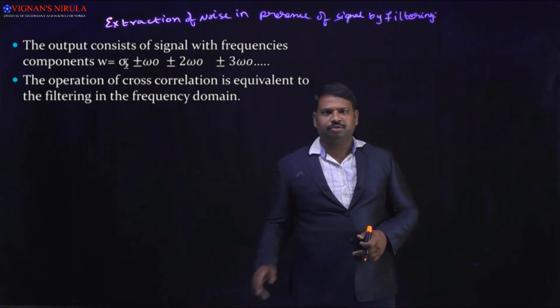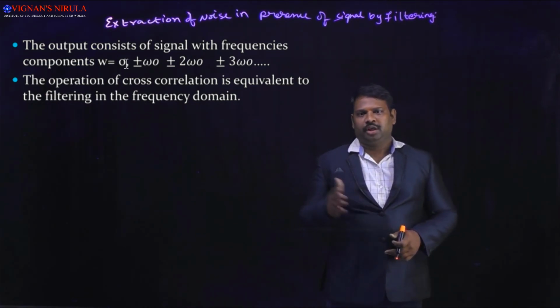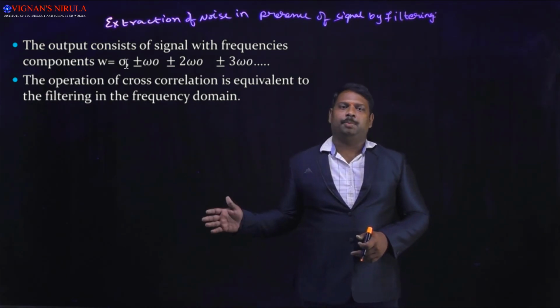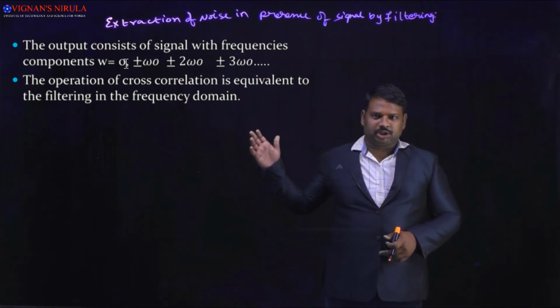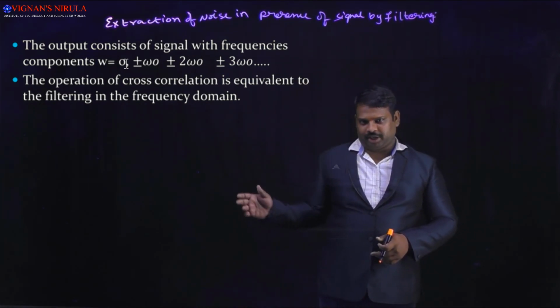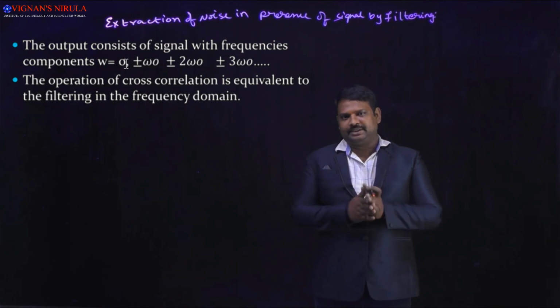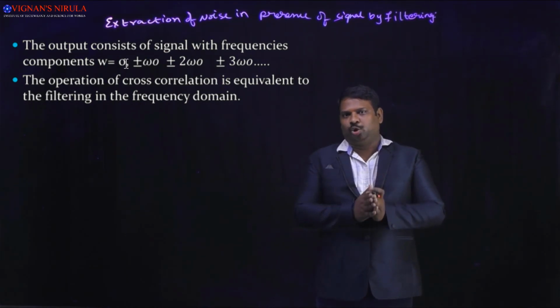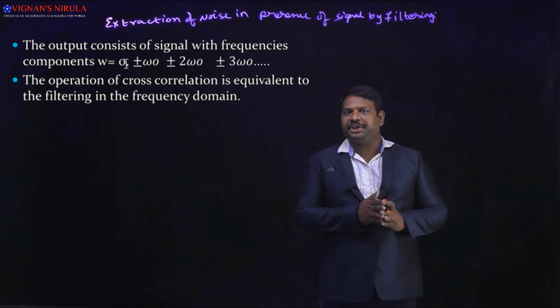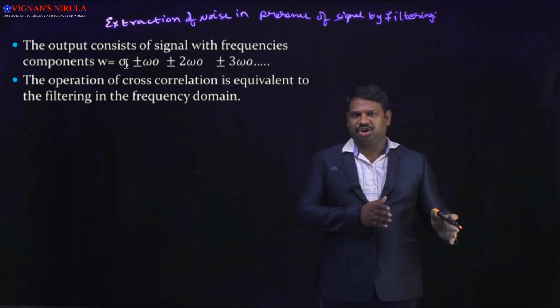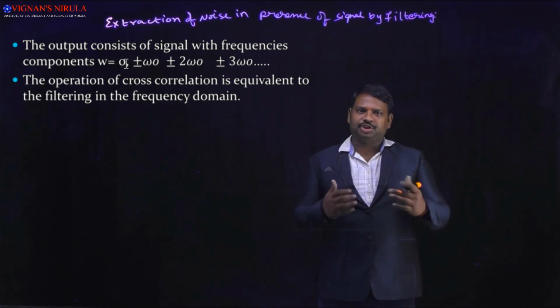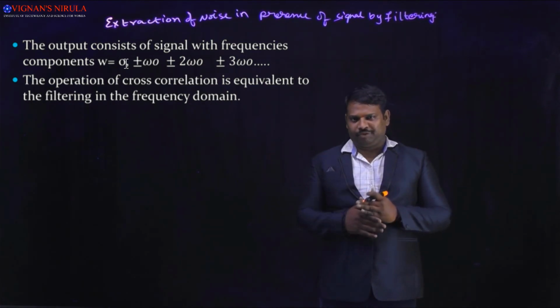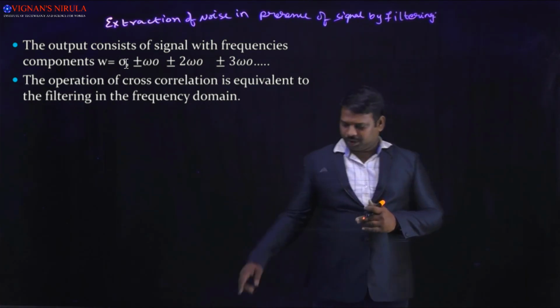That is, the operation of the cross correlation is equivalent to the filtering in the frequency domain. Whatever the cross correlation operation does is done by passing the frequency components at these locations, that is, omega is equal to 0, plus or minus omega naught, plus or minus 2 omega naught, plus or minus 3 omega naught. These frequencies will be passed, which is nothing but the filtering process.